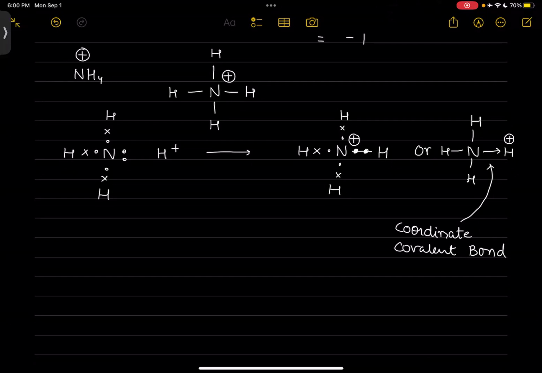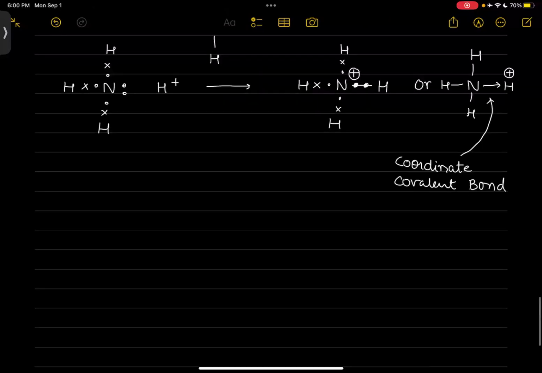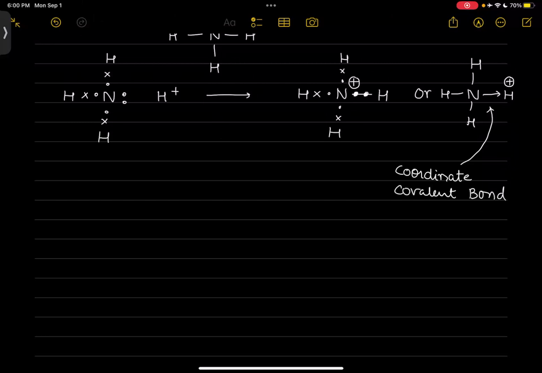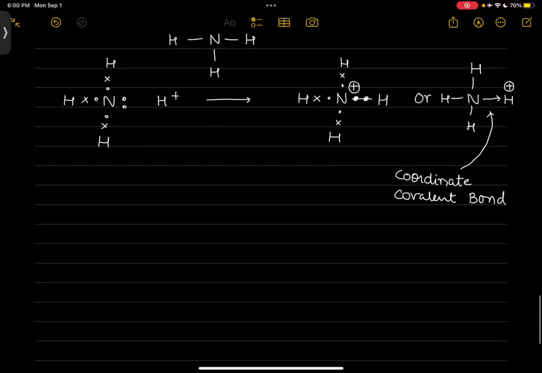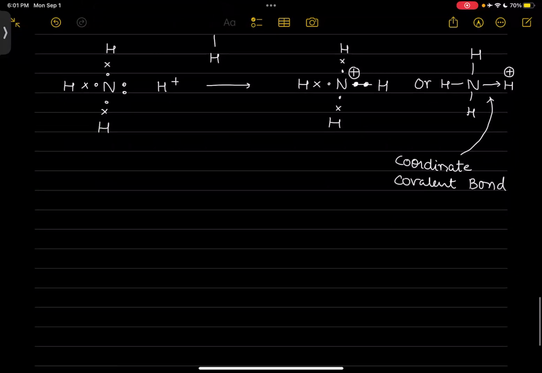Clear? Okay. So just try the examples of more coordinate bonds given in NCERT, right? Now we have seen the formation and the Lewis octet rule, right?